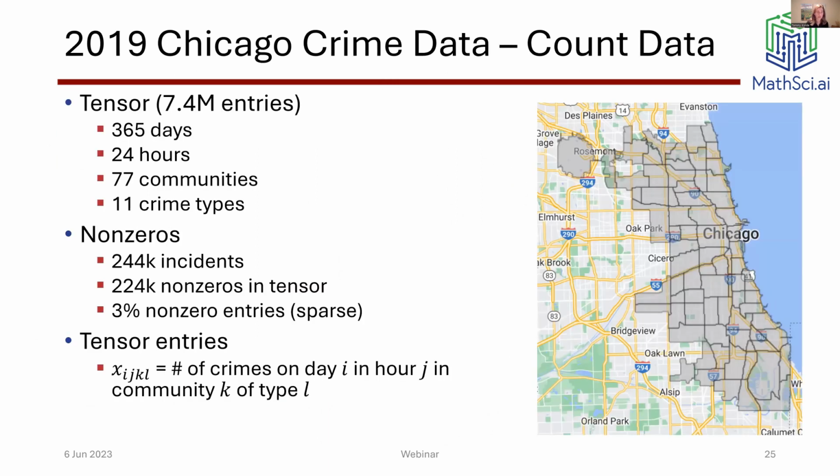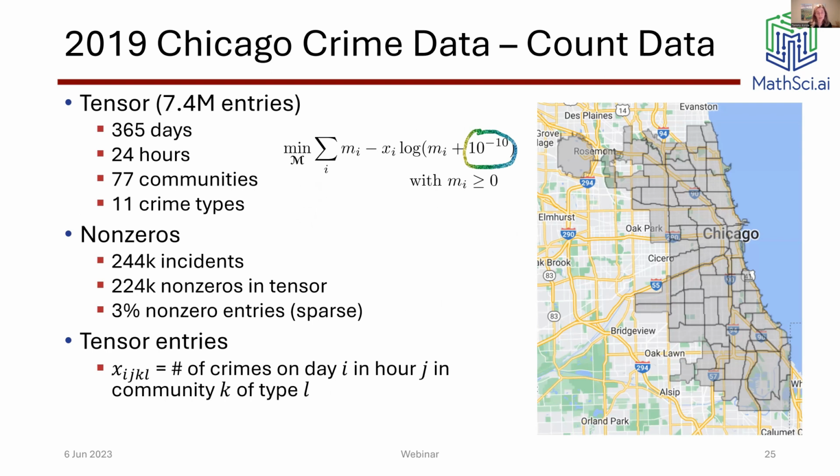So if we go back to this 2019 data from Chicago, we're going to use that Poisson loss function with a little itsy bitsy change. If we have a non-zero value in the X and our mi is 0, we'll take a log of 0, which we can't do.